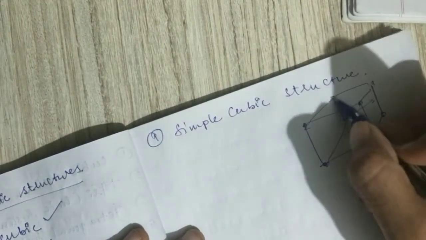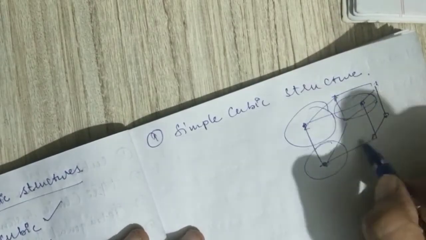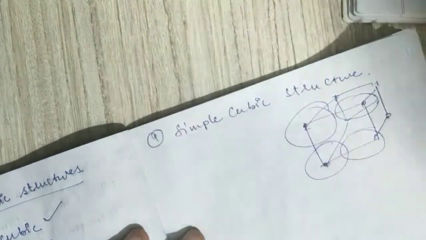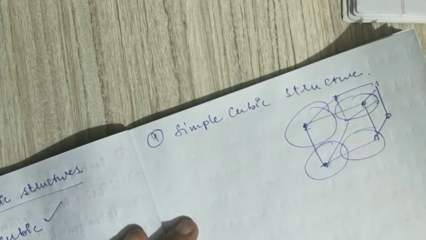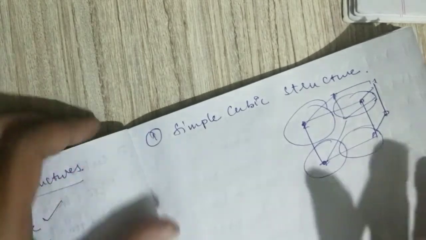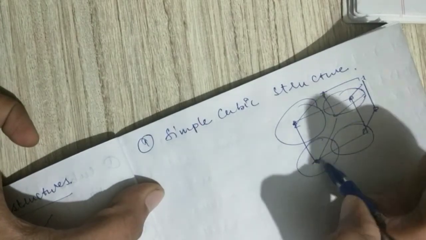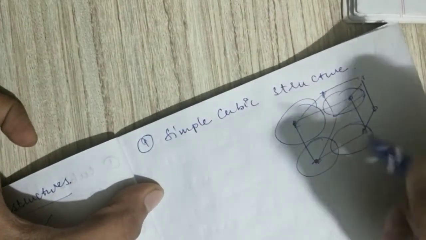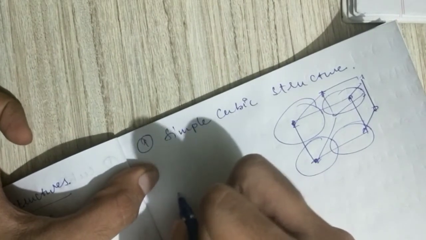So 1, 2, 3, 4. In the same way, on the backside another 4 atoms will be present. In this simple cubic structure, first, the total number of atoms participating: here 1, here 2, here 3, here 4. Same way on the backside.